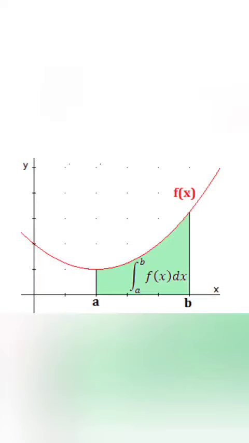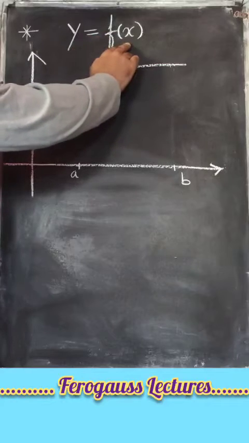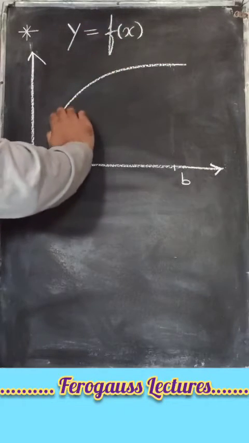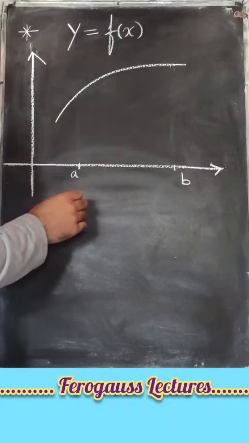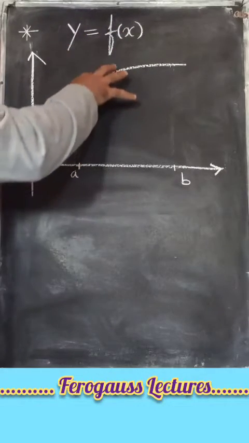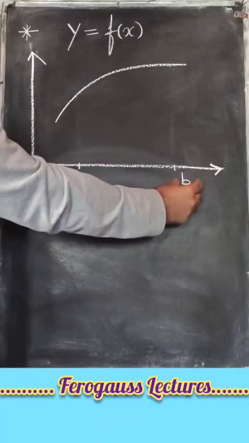Let us try to understand it this way. Let y is equal to f(x) be a function, and let this curve represent graph of the function y is equal to f(x). We have to find area under this curve between two given points a and b.